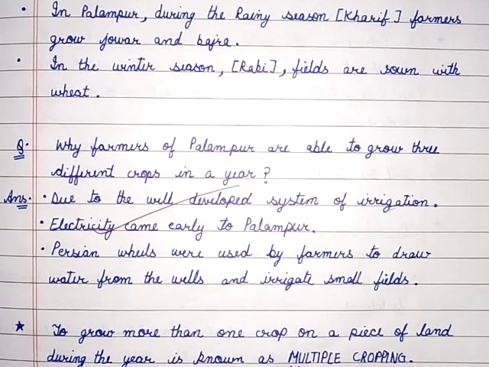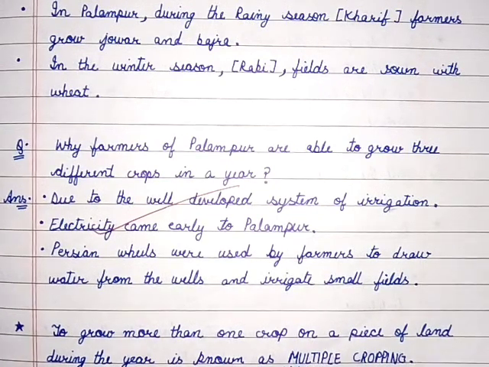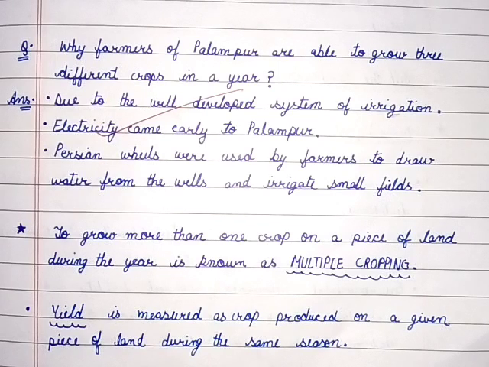The answer is due to a well-developed system of irrigation. Electricity came early to Palampur and Persian wheels were used by farmers to draw water from the wells and irrigate small fields. To grow more than 1 crop on a piece of land during the year is known as multiple cropping. Yield is measured as crop produced on a given piece of land during a season.